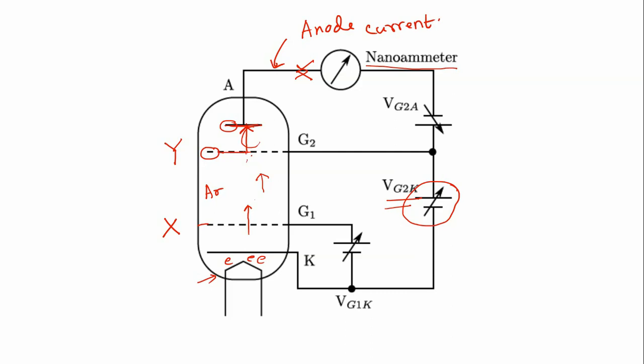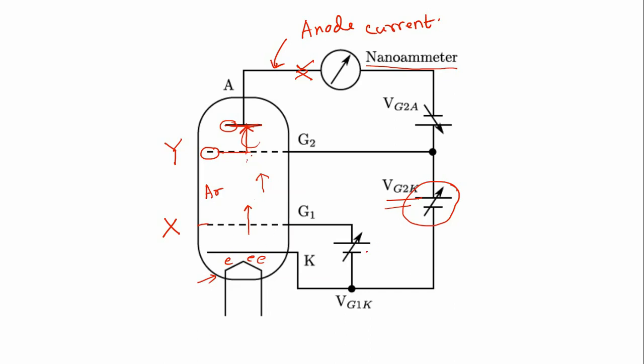Now you try to understand what this experiment is. If you look at it, it's a very simple experiment. Electrons come out from the filament, and then there is a positive potential, so the electrons should not accumulate here or create a space charge. They can reach grid 1, and then there is a much higher potential.